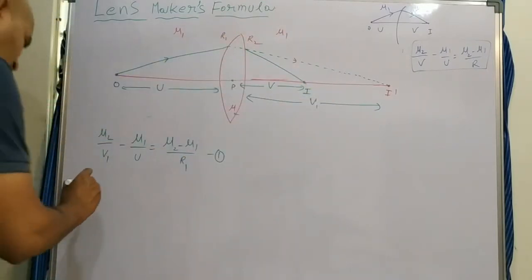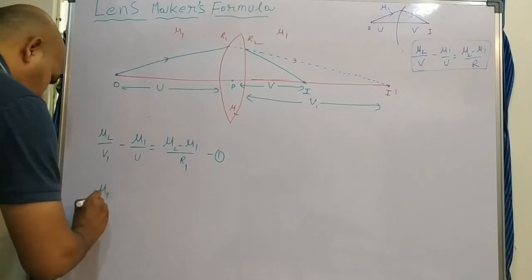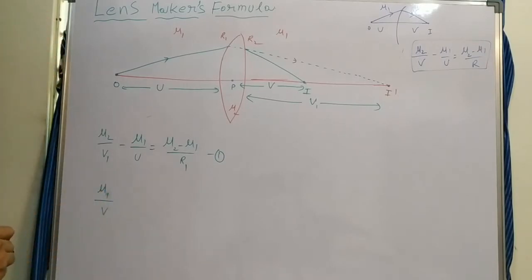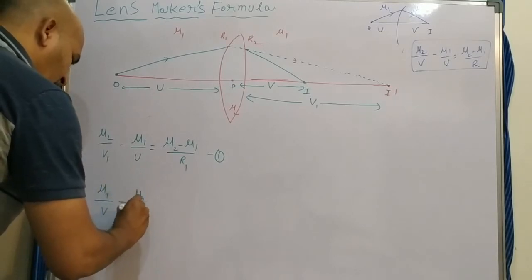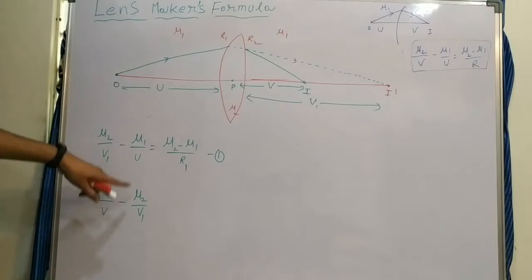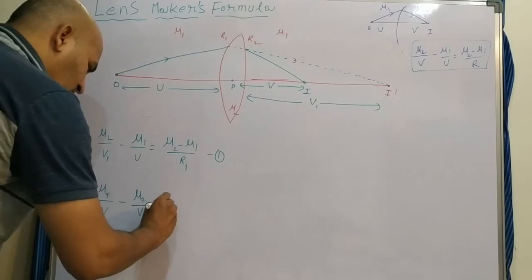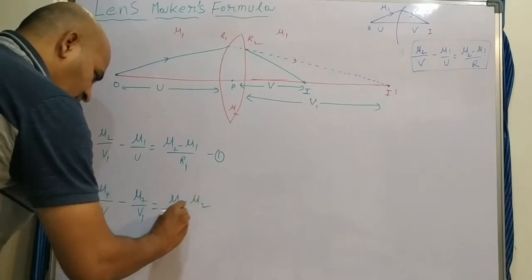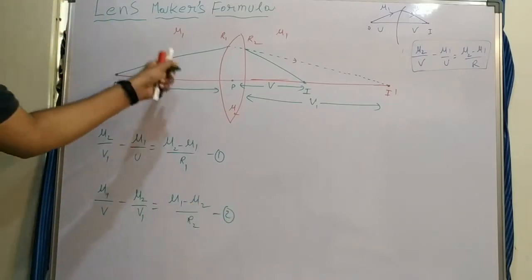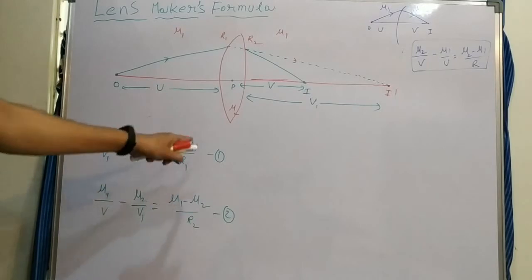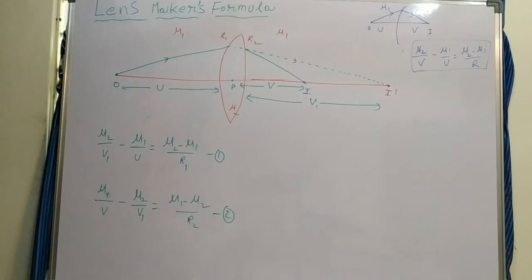So we can write mu1 by v minus mu2 by v1 is equal to (mu1 minus mu2) by R2. The reason is that last time it entered from 1 to 2, now it enters from 2 to 1. So final minus initial: here final is mu1 and initial is mu2 for the second refracting surface.